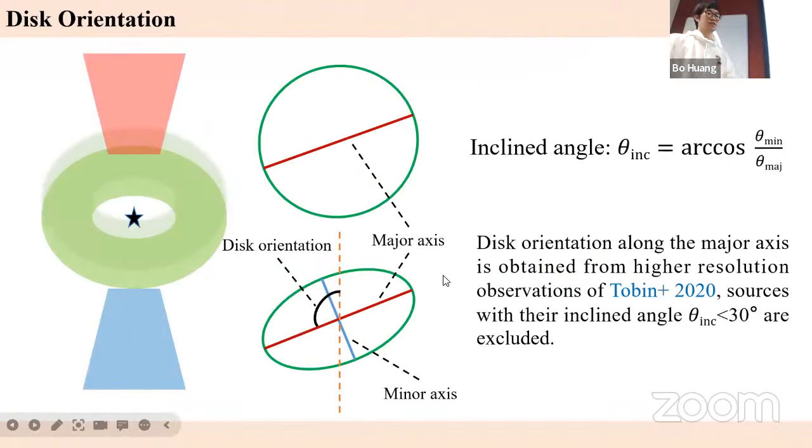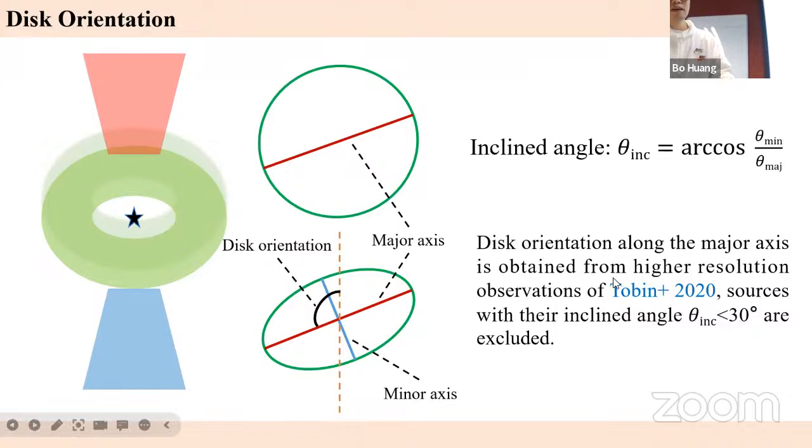For the disk orientation, the typical size of the disk is from 30 AU to 250 AU, which is unresolved in our observation. So we take it from the higher angular resolution observation of Tobin.